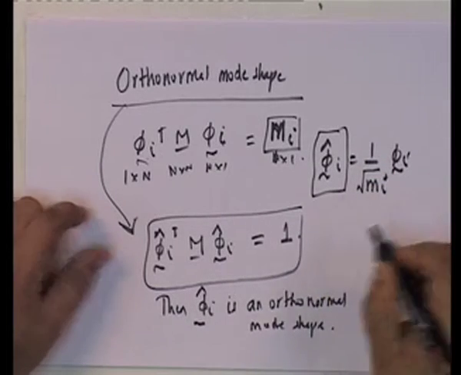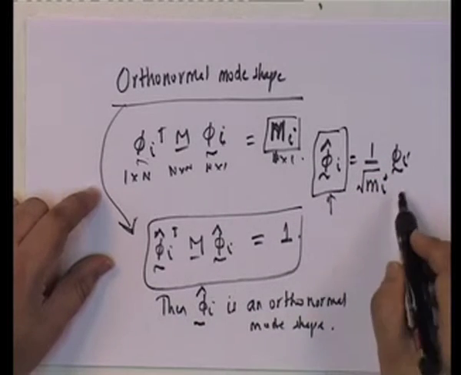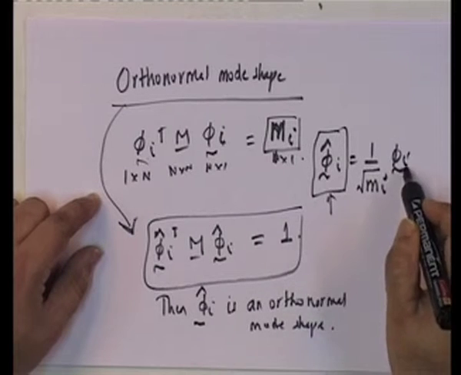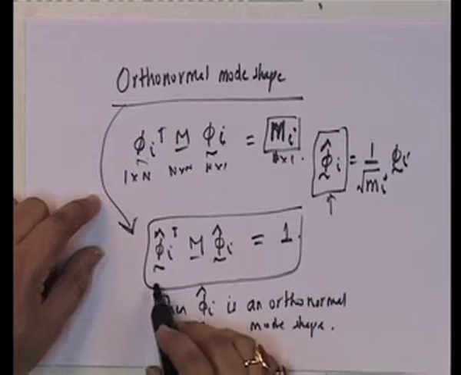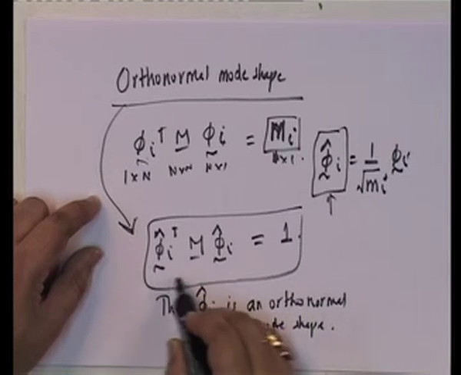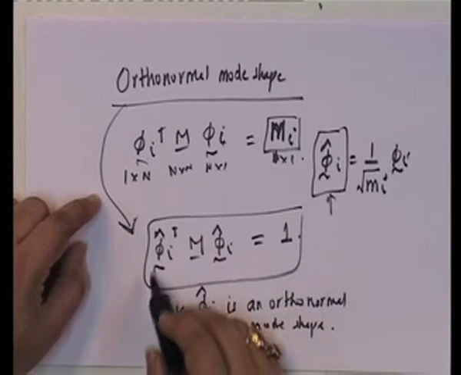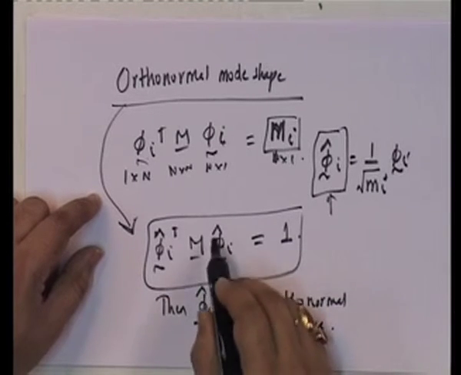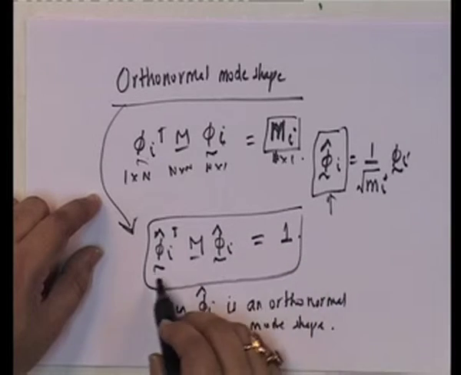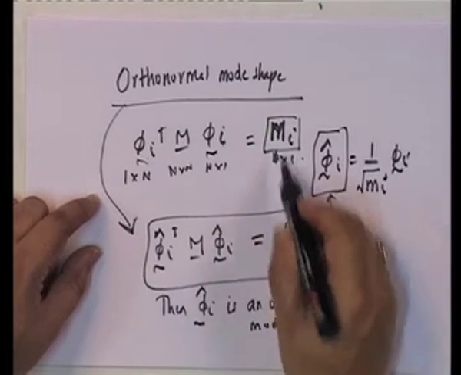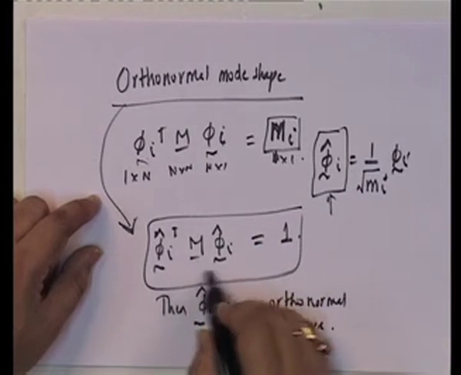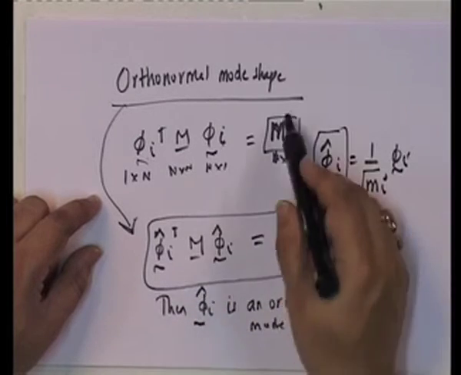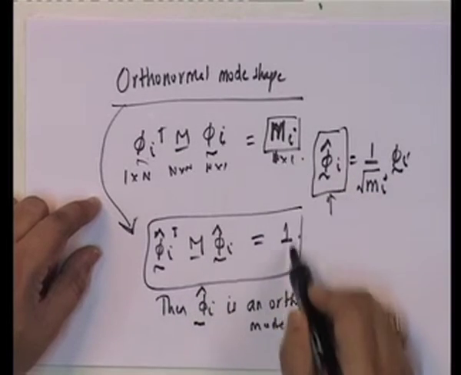Everybody will get the same shape, and it is obvious, because if this is the case, just plug it in. You will see 1 upon root m I phi I transpose, and 1 upon root m I phi I. So, this phi I transpose M phi I becomes m I, 1 upon root m I into 1 upon root m I becomes 1 upon m I, and 1 upon m I times m I becomes 1.